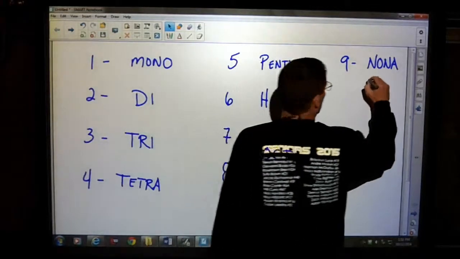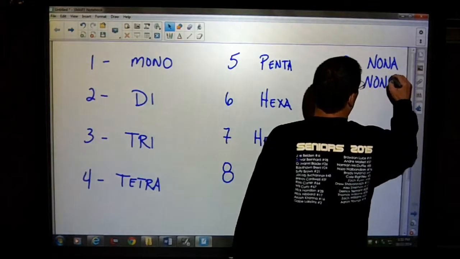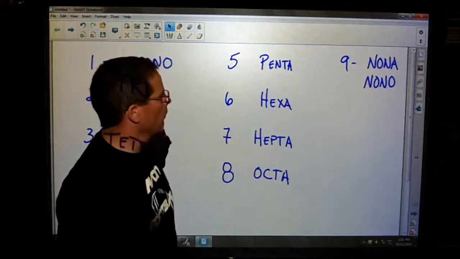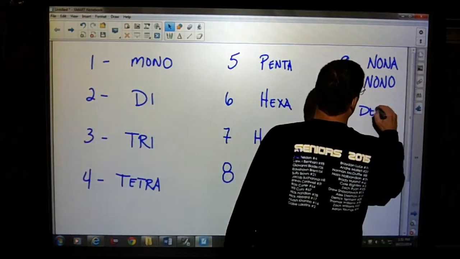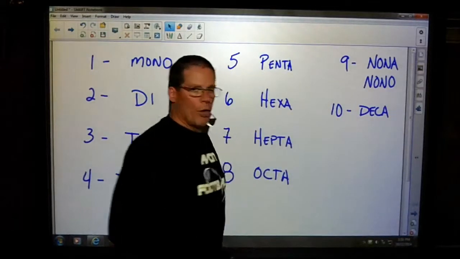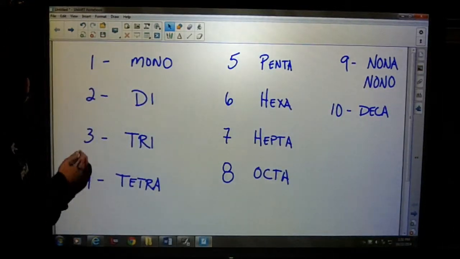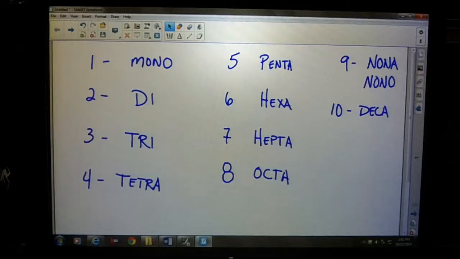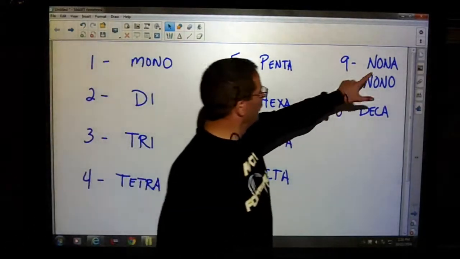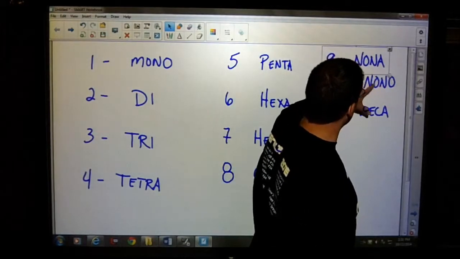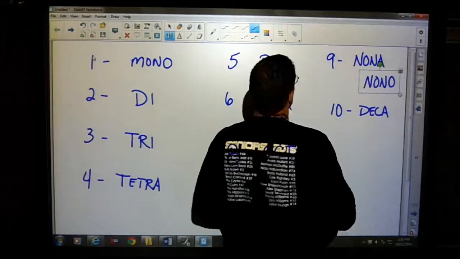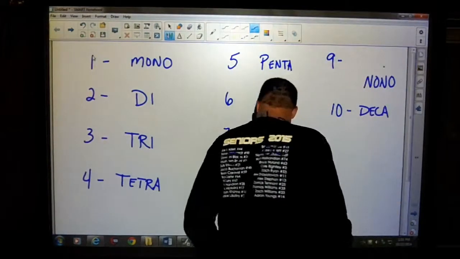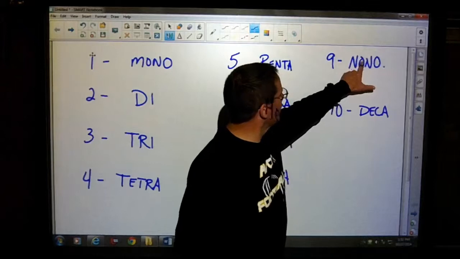Either one's accepted. I don't have a problem with either one of those. And then 10 is deca. Okay. So those are as high as we go. So make sure that you know those 10 Greek prefixes. I probably most often will be using nano more than nana. So let's go ahead and just say that it's going to be nano. So nano is 9.